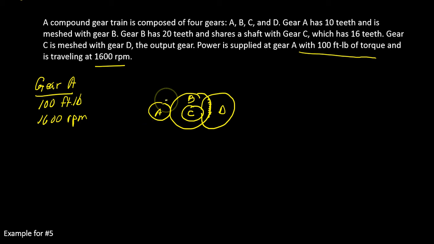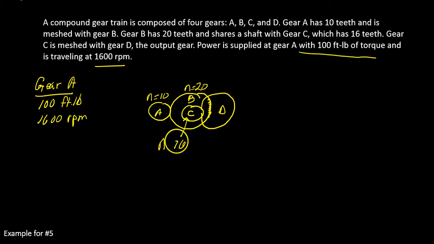So let's also now go ahead and get our number of teeth. We know number of teeth at A is 10. Number of teeth at B is 20. And number of teeth at C, I believe, is 16. Yeah, N equals 16.